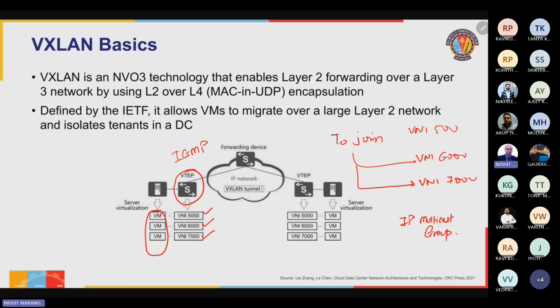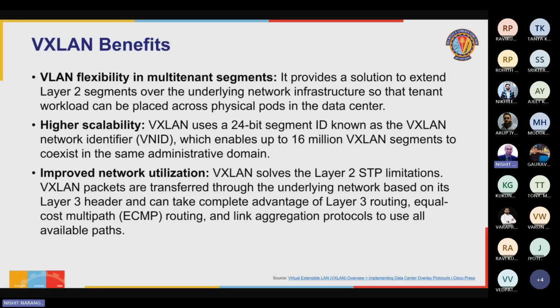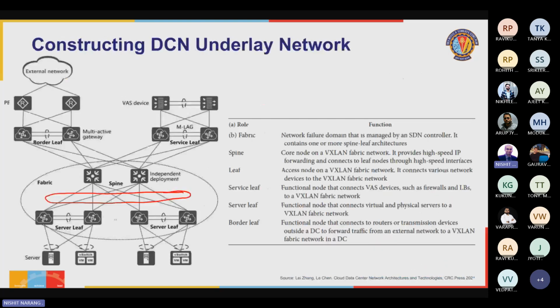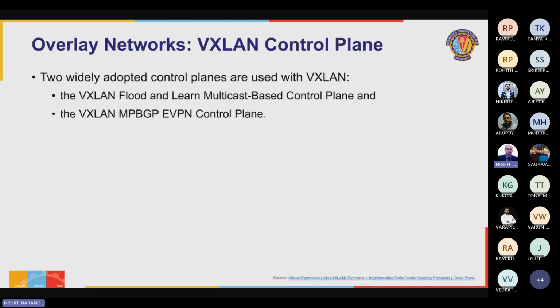So a VTEP joins an IP multicast group depending upon what VMs it is serving and which VNIs those VMs belong to. All VTEPs do the same. Depending upon the VMs that they are supporting, they all connect to the relevant multicast groups.